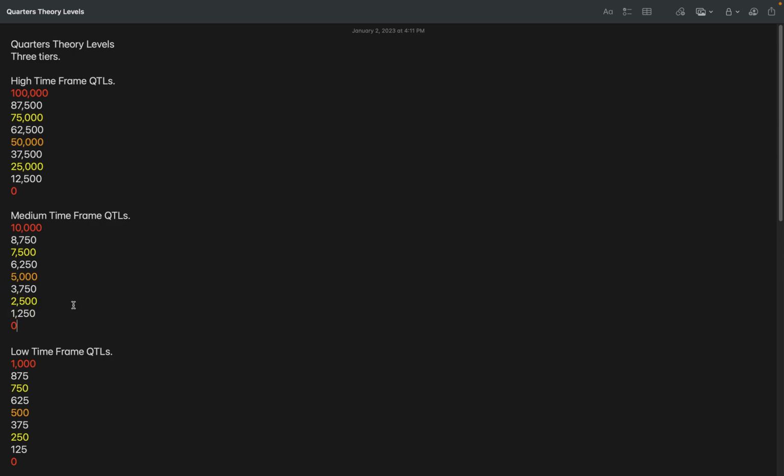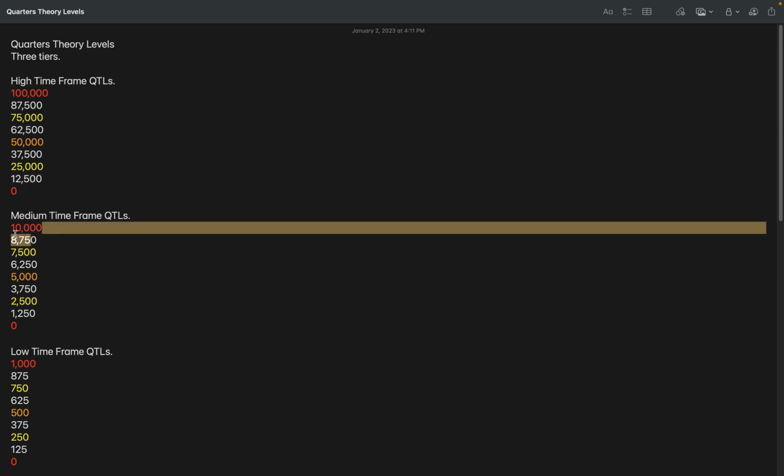Okay, so here we have the 100,000 high time frame QTL, then we have the medium time frame QTLs, which is the 10,000 levels, right? So it's within some level up here. So let's say you have, between here and here, there's going to be what? 10,000, right? Between 0 and 12,500 is going to be 10,000.